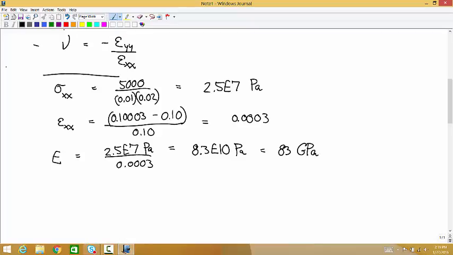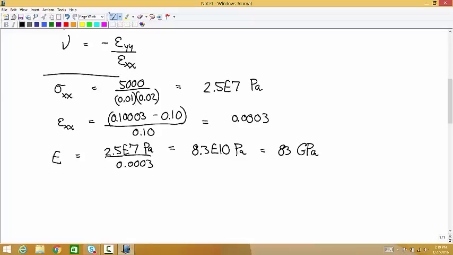Times 10 to the 9 is a gigapascal. So far the numbers, that's not so bad. The Young's modulus for copper, I think, is about 110 gigapascals, so this is in the ballpark of real things. But now things are going to really go off the rails, I'm afraid.